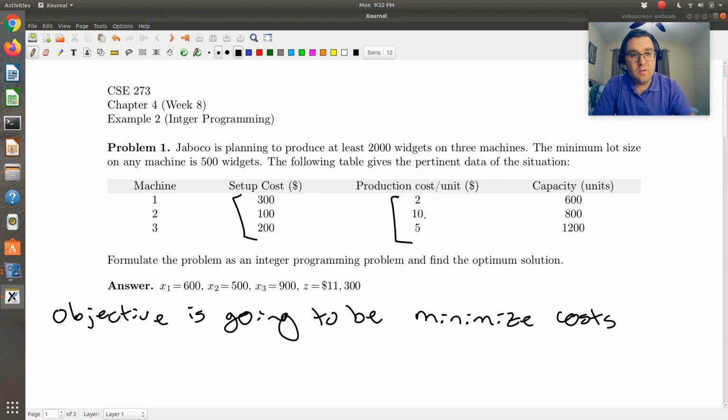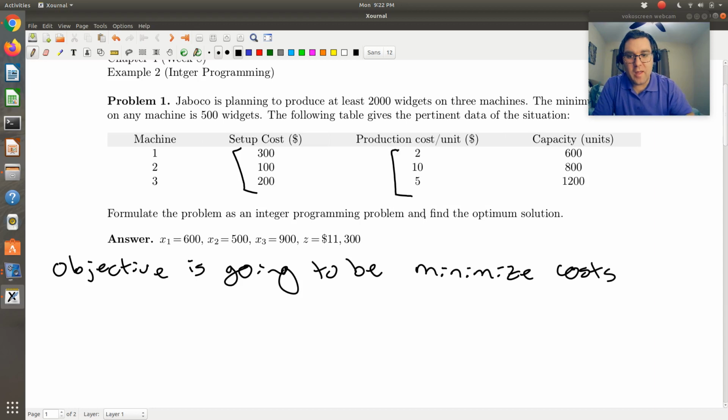Okay. And so before I write down my objective function, knowing that this is going to be my objective and here's what's going to go into it, we're going to define our variables. I'm going to create two sets of variables.